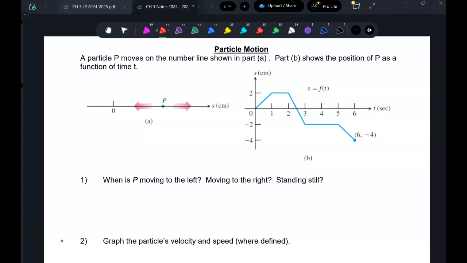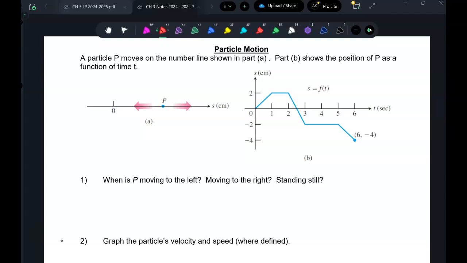I just want to explain in terms of the graph. Here's particle motion. This is called the s-axis, sometimes the x-axis, it doesn't matter. You have a particle moving back and forth, and this is what it looks like graphed as position. If I'm asking you when the particle is moving to the left, moving to the right, or standing still, what am I looking at on that graph?